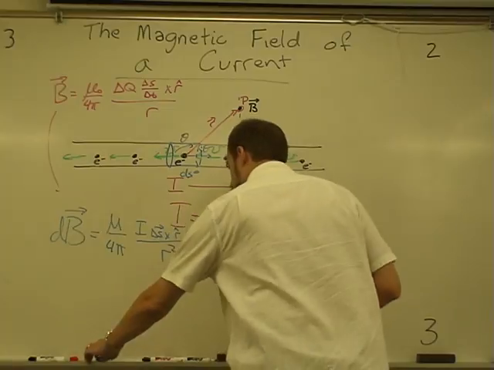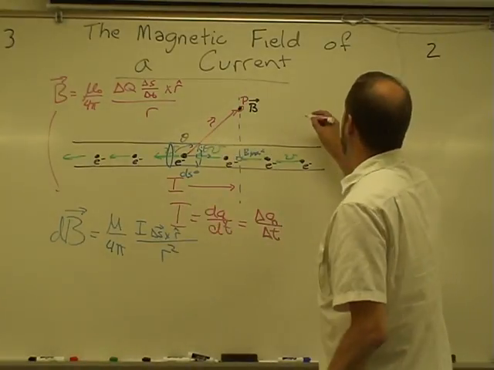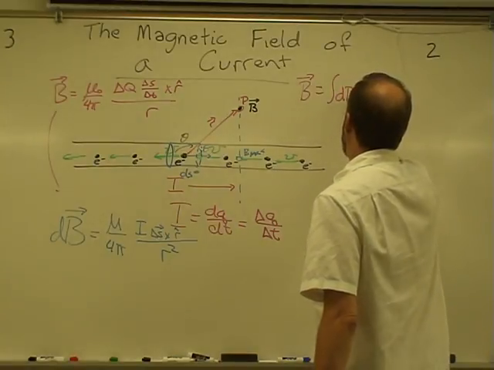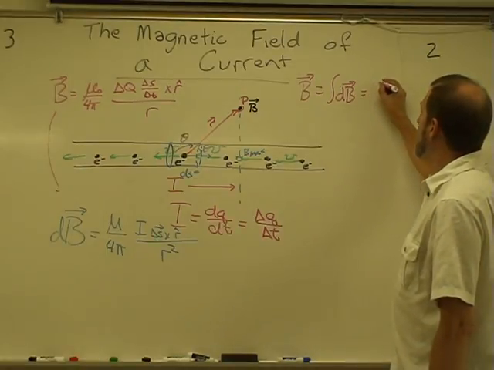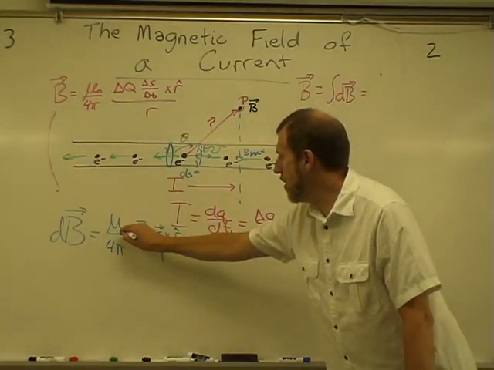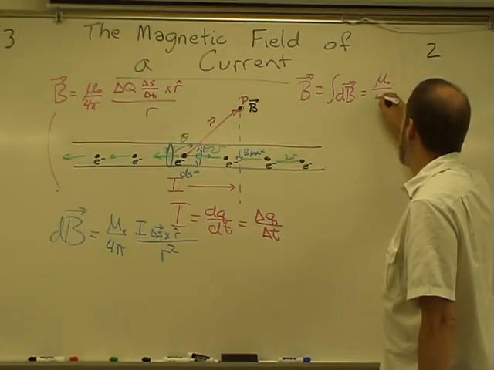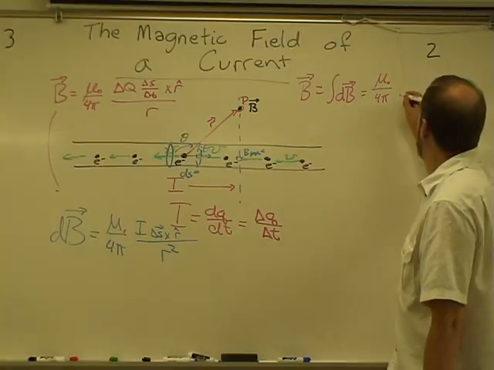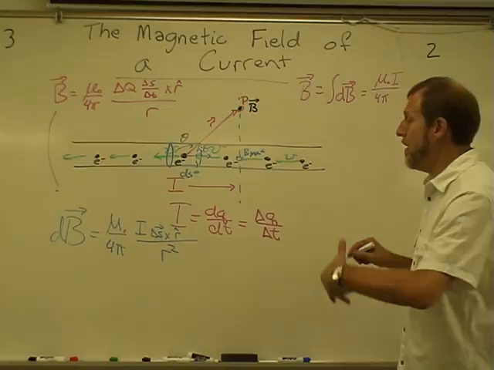So if I wanted to find the magnetic field at a certain point, that would be the integral of all those little differential fields. Mu naught over 4 pi for open space is constant, so I can bring that out of the integral. The current is constant, so I can bring that out of the integral too.